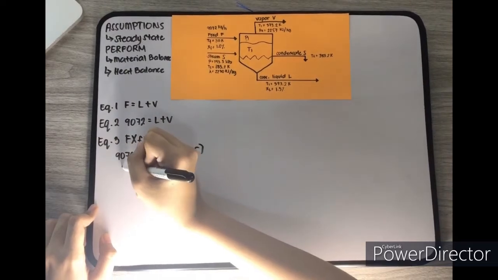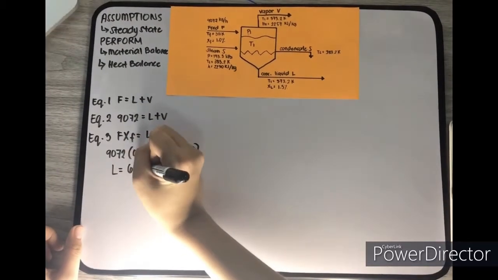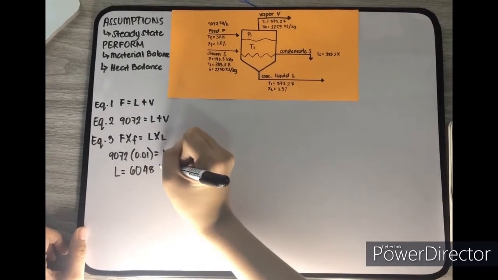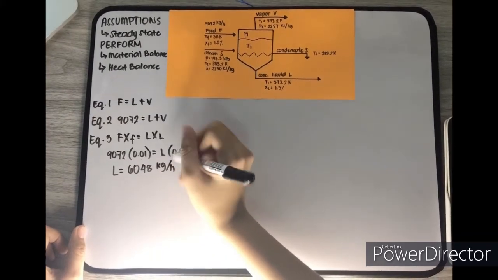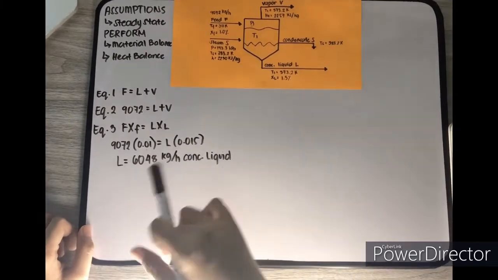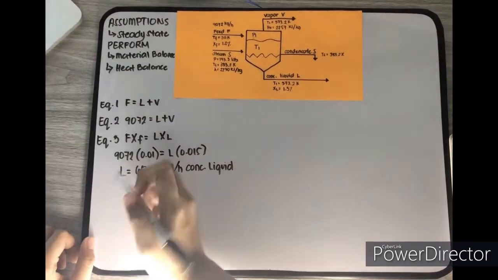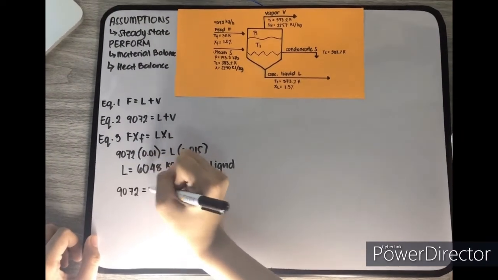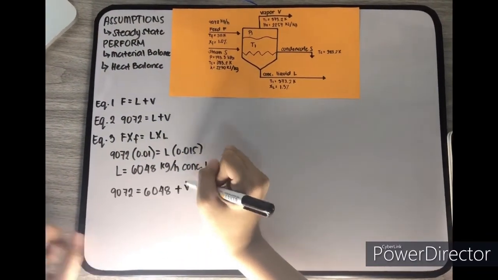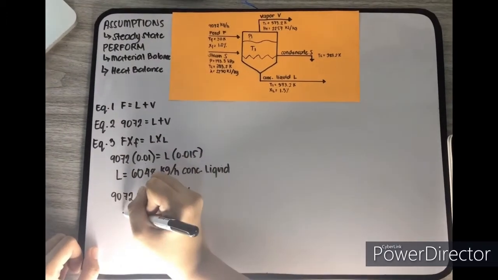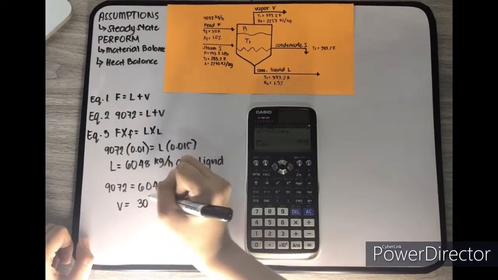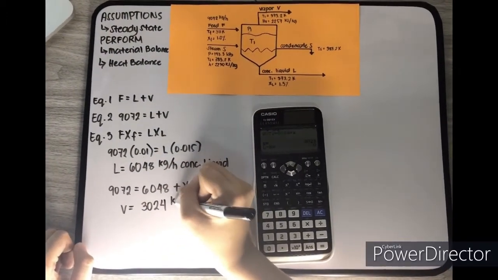Simplifying further, we obtain L equal to 6,048 kg per hour of concentrated liquid. Substituting this value to equation 2, 9,072 is equal to 6,048 plus V. The amount of vapor produced for this operation is 3,024 kg per hour.